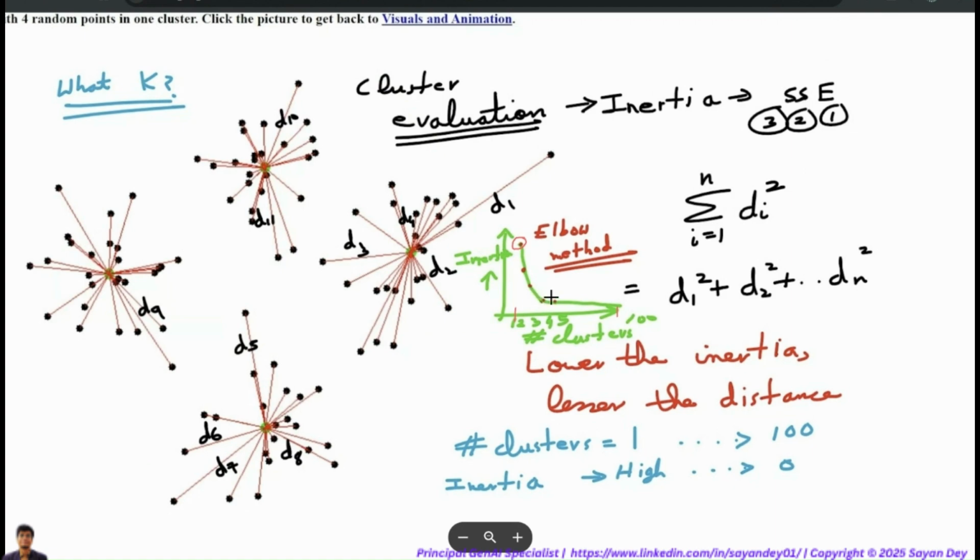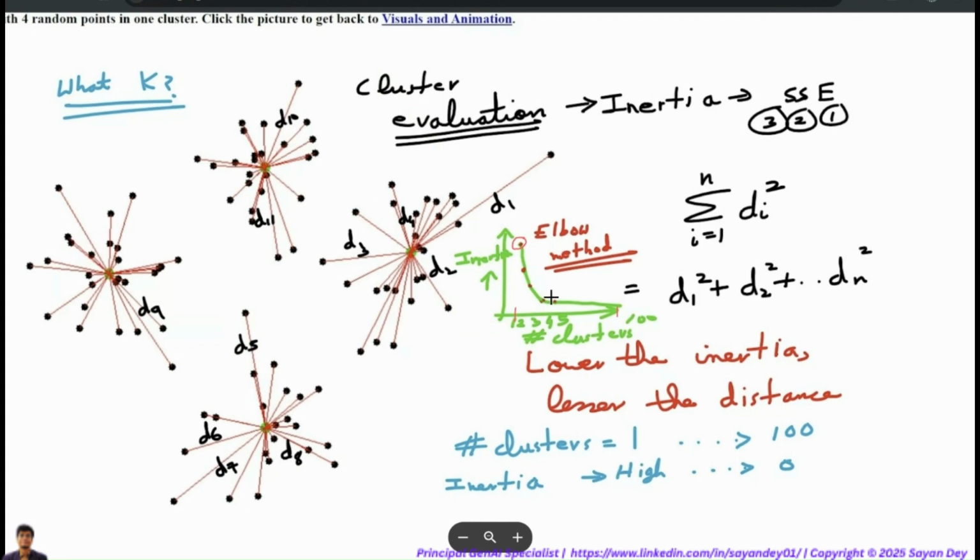As the number of clusters increases, you start with clusters equal to 1, where inertia is very high. And as you go from 1 to 2, 3, 4, 5 clusters, what will happen?